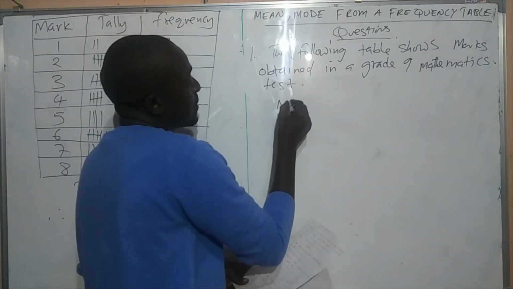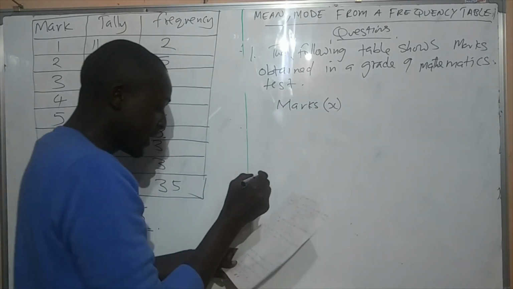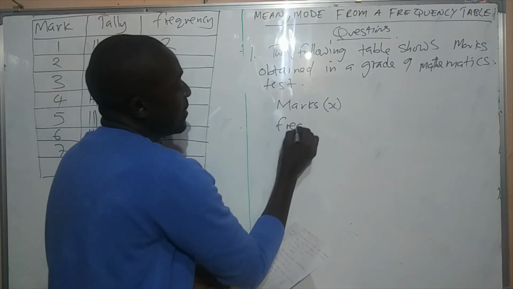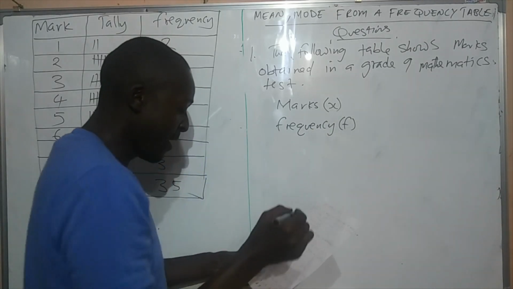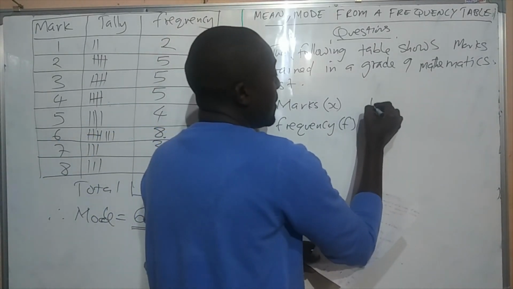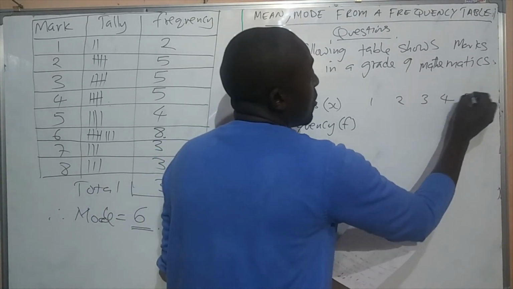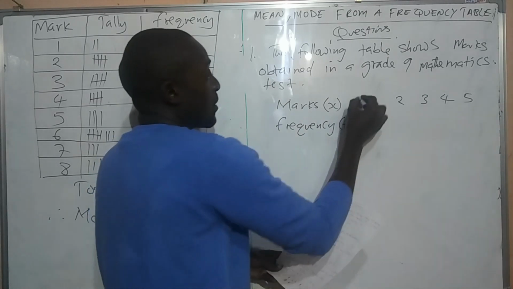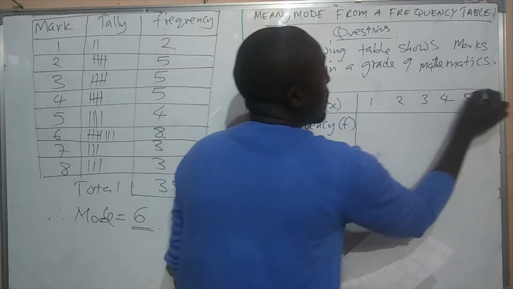We have marks represented by X, and frequency represented by F. We have 1, 2, 3, 4, 5 there, and then we can draw a table.